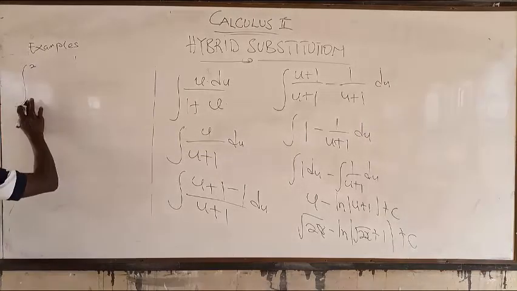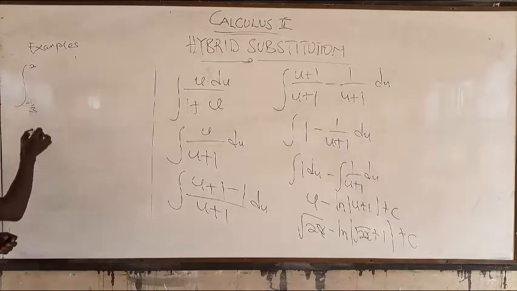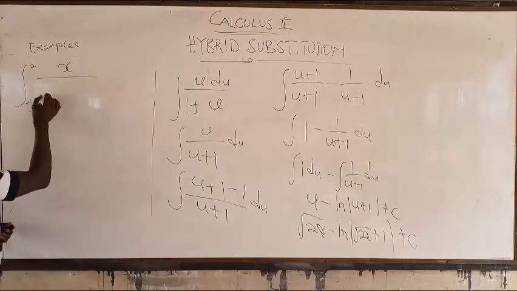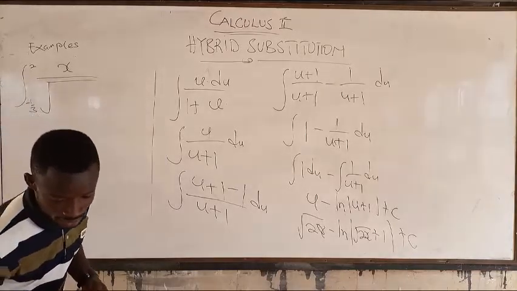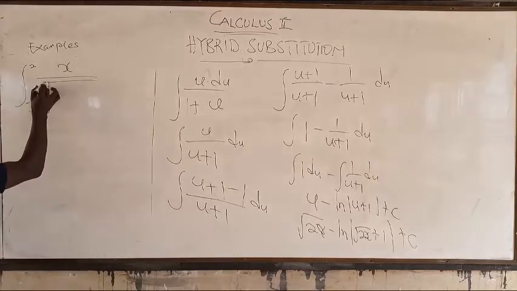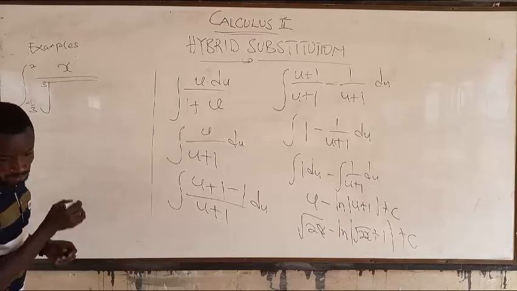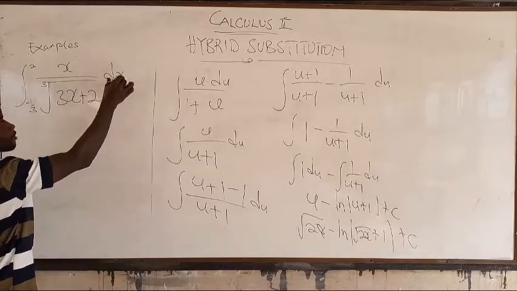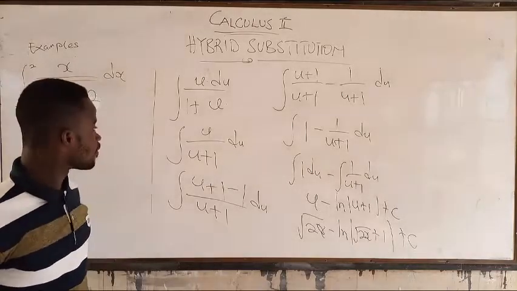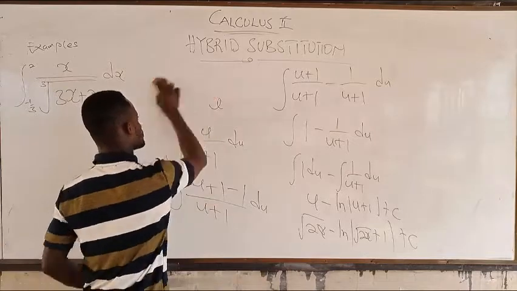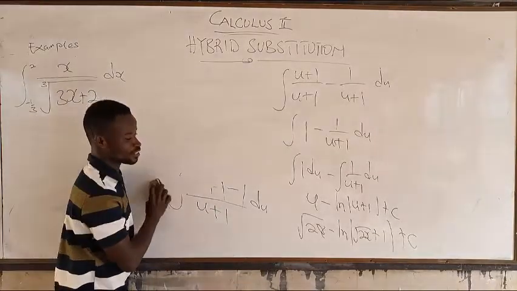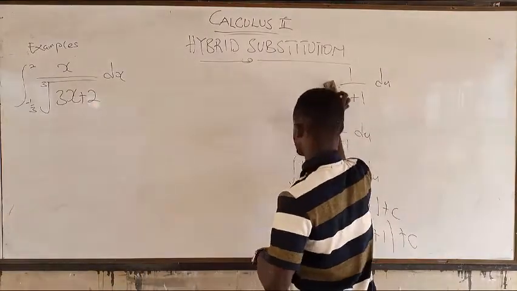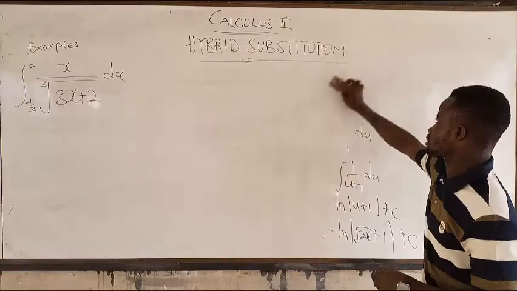Negative 1 over 3, x over this square root of cube root of, alright, so what do you think we can do about it? You can start thinking about it, or you can pause the video and solve it.